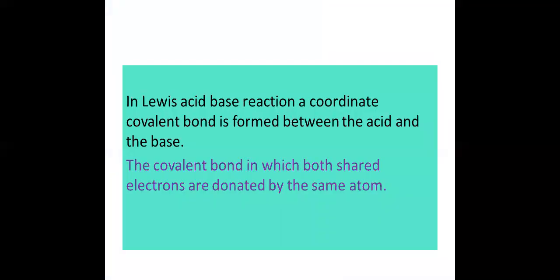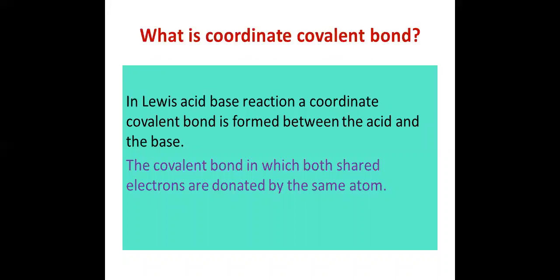In Lewis acid-base reaction, a coordinate covalent bond is formed between the acid and the base. What is a coordinate covalent bond? The covalent bond in which both shared pair electrons are donated by the same atom.